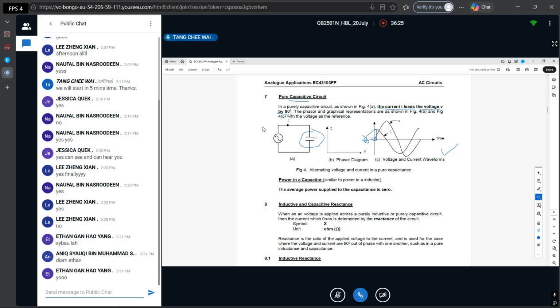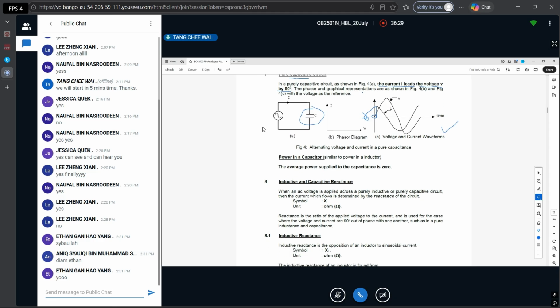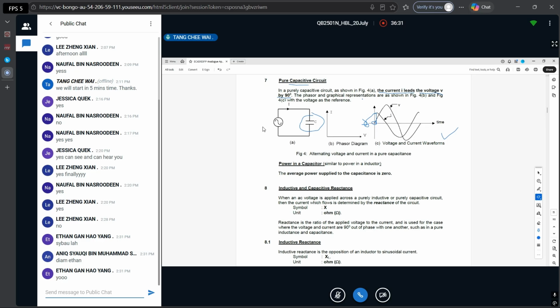Any question? And then, of course, same as the inductor, the average power is 0. But what happens now is different from the inductor. The inductor is a magnetic field. Remember I told you, when current goes through an inductor, it builds up a magnetic field.